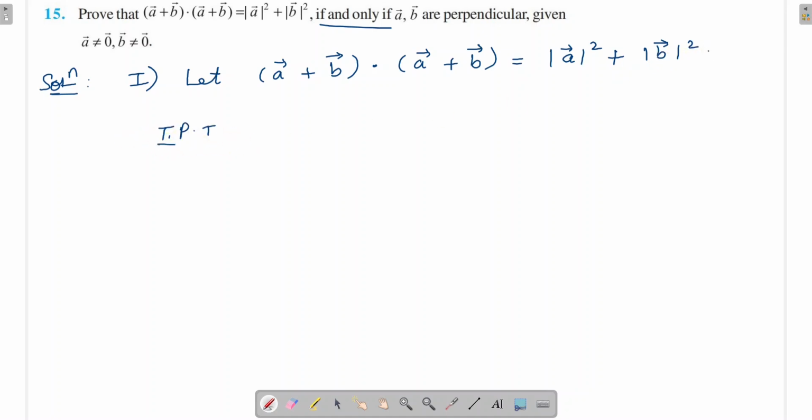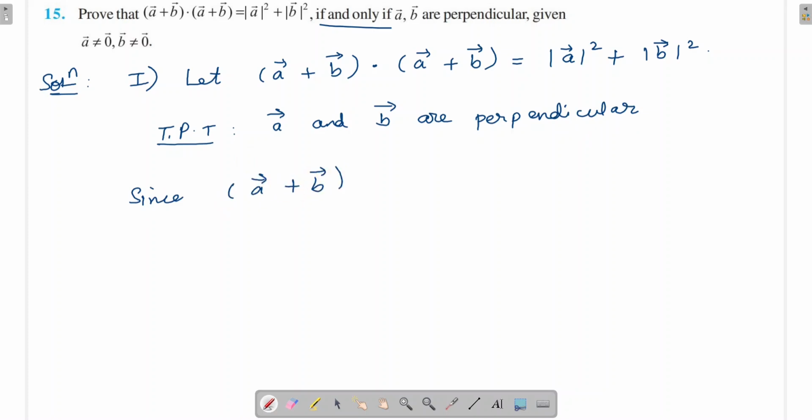To prove that a bar and b bar are perpendicular. So now we can start with this statement. Since (a bar plus b bar) dot product (a bar plus b bar) is equal to magnitude of a bar square plus magnitude of b bar square.